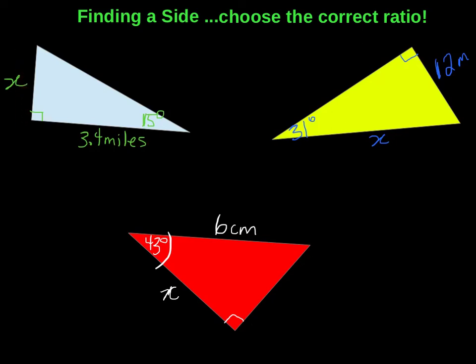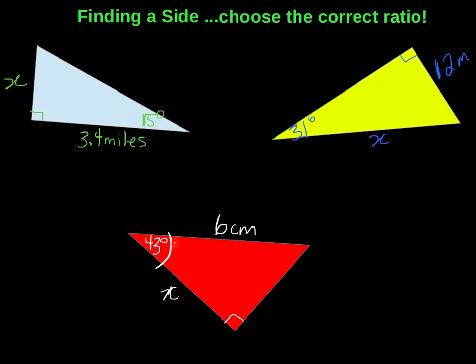All right, now in the yellow triangle, you've got your 31 degrees right here in this angle. This side is the one you're looking for, and you're given this length right here, which is 12 meters. And this red triangle here is, let's see, we're given this side right along here, which is 6 centimeters.